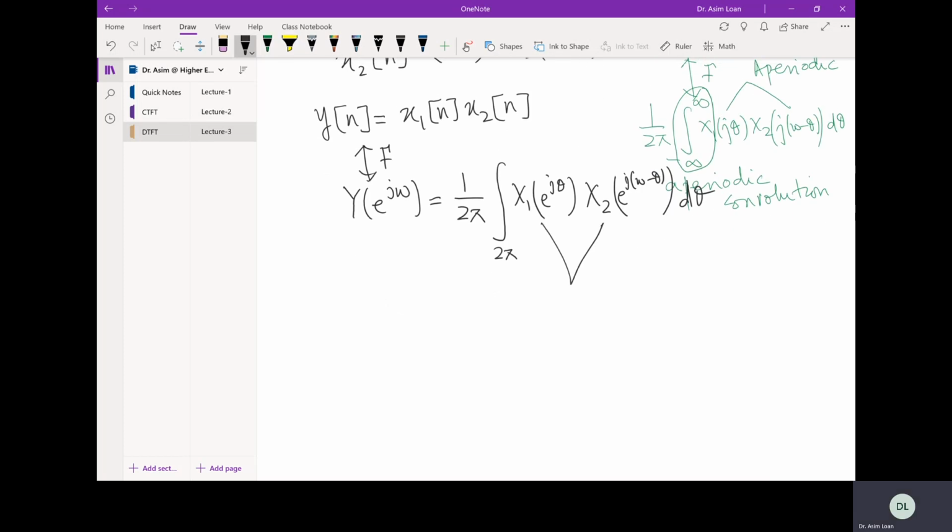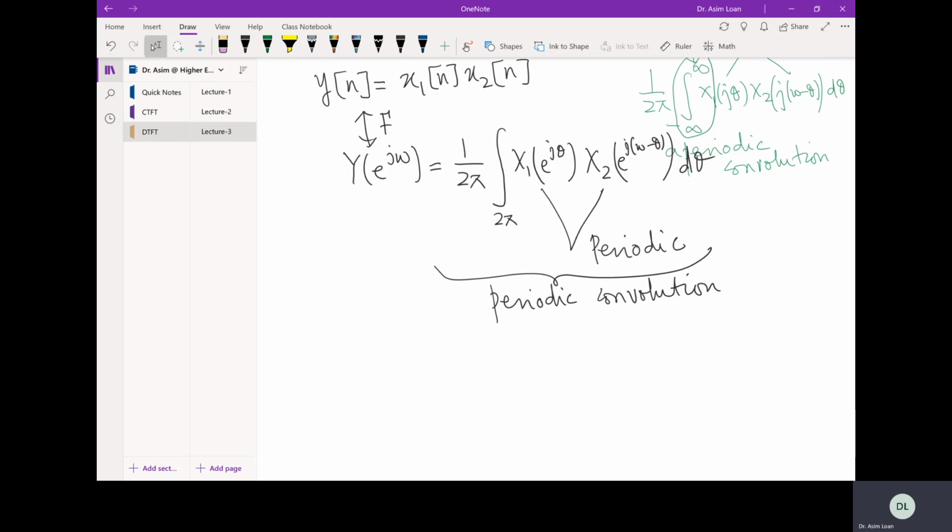These are periodic, so this is an example of periodic convolution. That's the difference between the continuous time and the discrete time Fourier transform case. When you multiply in the time domain, or the n domain, the convolution is either aperiodic or periodic.